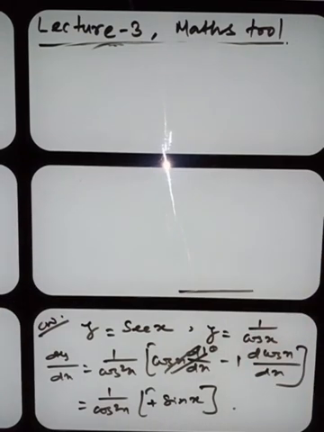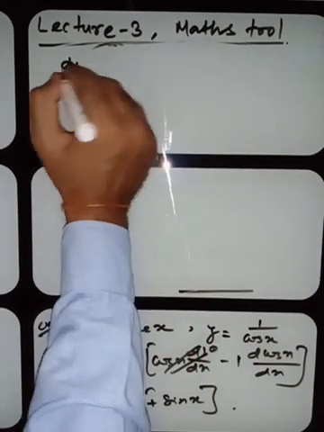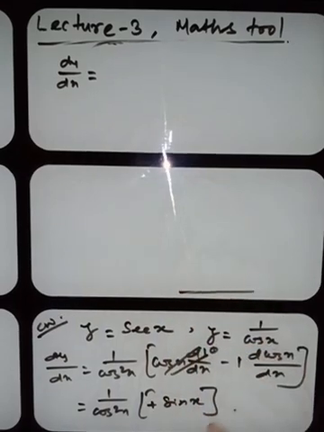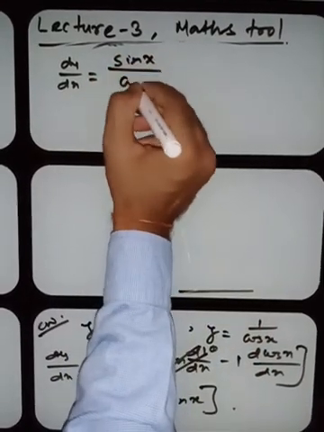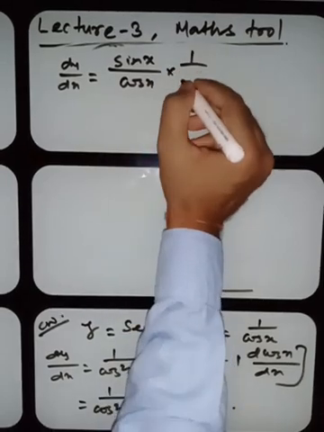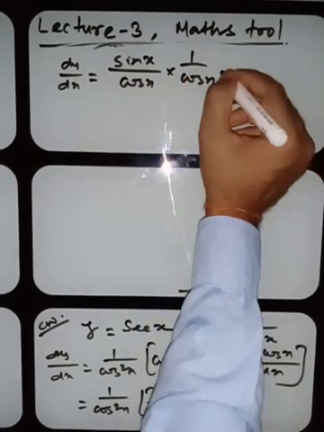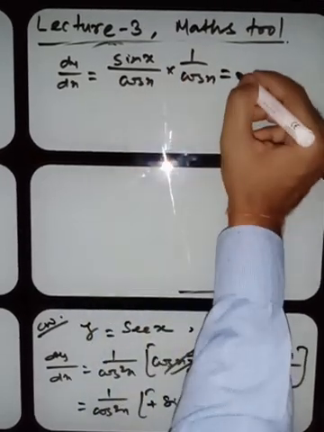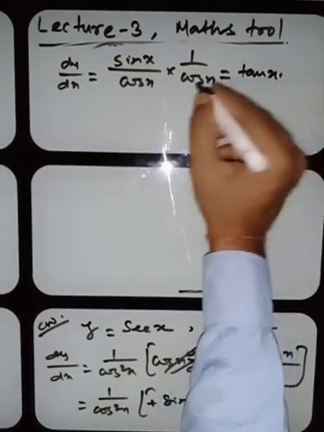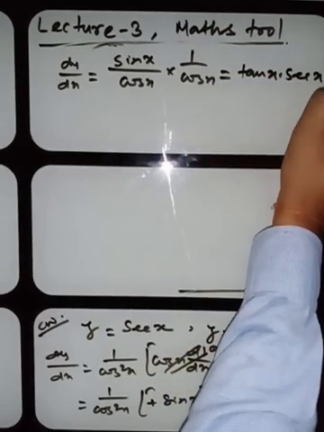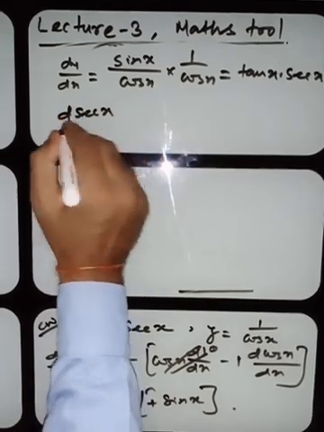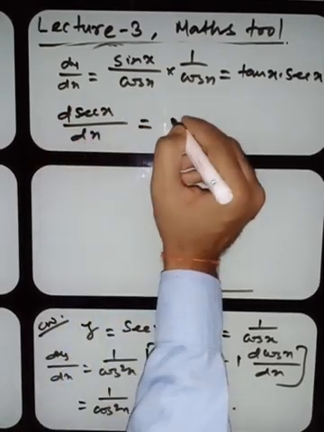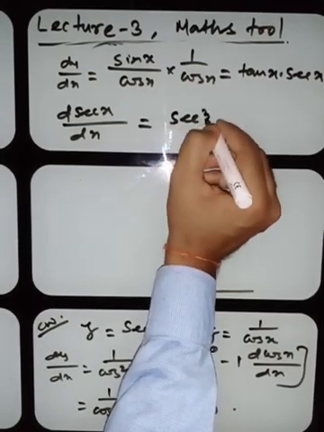So this is dy by dx equals sin x by cos square x, which can be written as sin x by cos x into 1 by cos x, and sin by cos becomes tan x, into sec x. So you have to remember d sec x by dx. This is the formula. It is sec x into tan x.